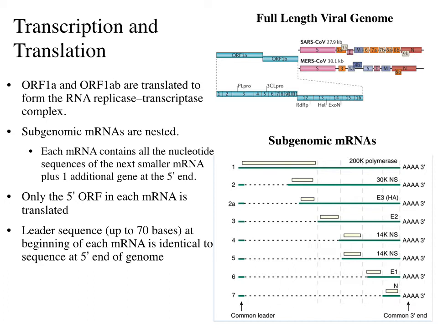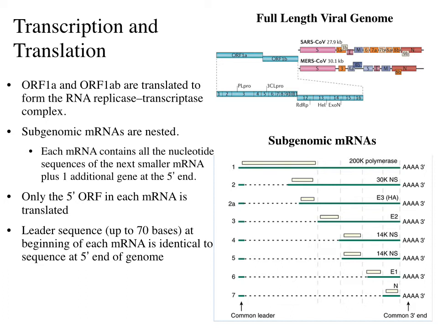Although the different subgenomic messenger RNAs may contain several ORFs, only the first ORF that is closest to the 5' end is translated. The resulting structural proteins are assembled into the nucleocapsid and viral envelope at the ER and Golgi. This is followed by release of the virion from the infected cell.